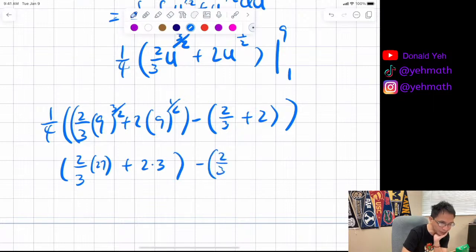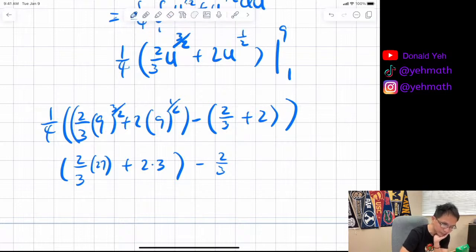Minus 2 over 3. Actually, minus 2 over 3, minus 2, right? So this one is going to give you 9. So 18. 18 plus what? So it's 24. 24 minus 2 over 3, times 1/4.